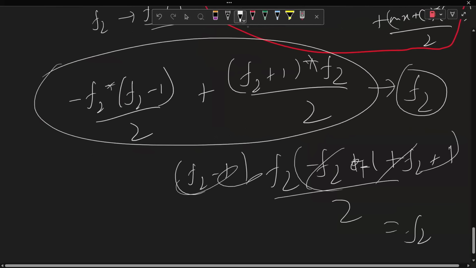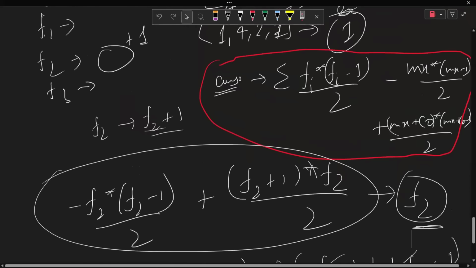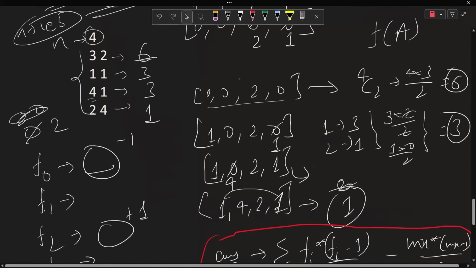So if you increase the frequency of 2, you are increasing the overall sum by F2, where F2 is the previous frequency. Like here, if your frequency of 2 was 1 and you replace some other 0 by 2, and your frequency of 2 goes from 1 to 2, you would add a plus 1 to your sum.